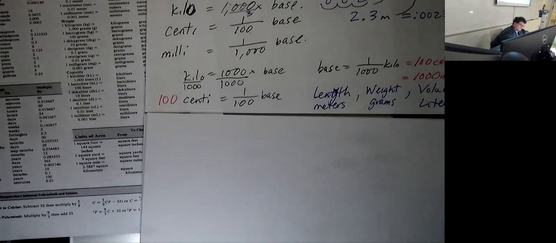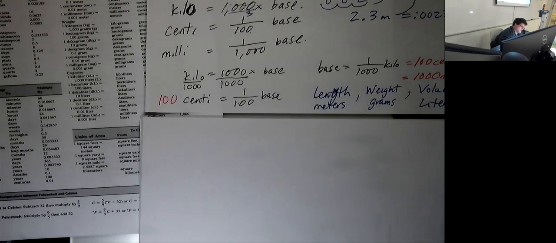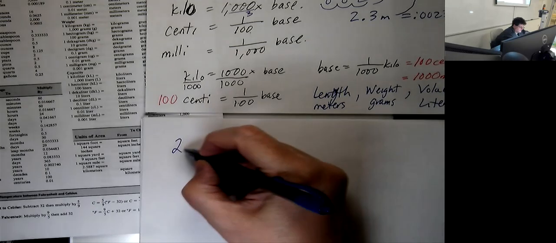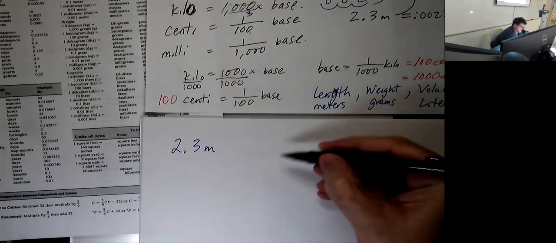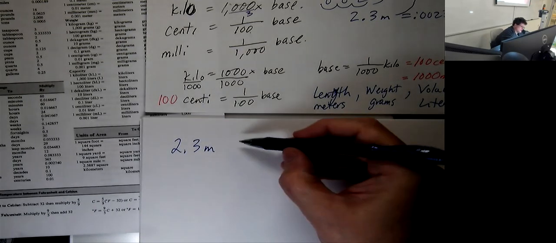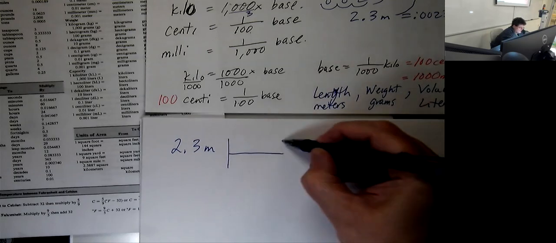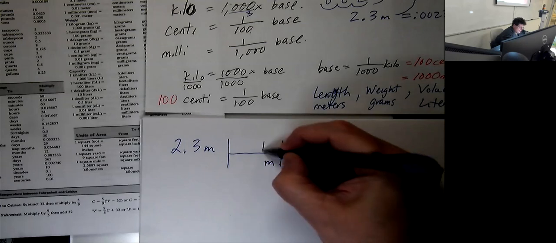So, let's do that 2.3 meters. One way of using the bridge, and to show you that you get that same kilometers answer. I want to get rid of meters and I want to end up with kilometers.